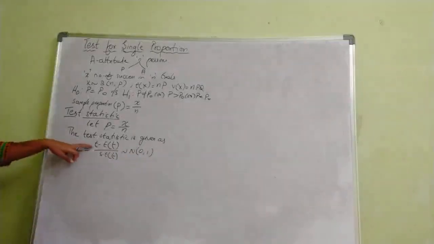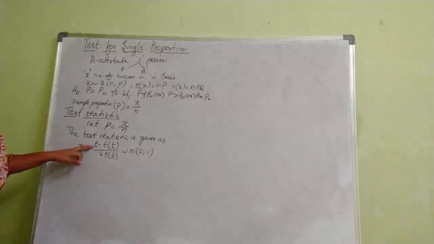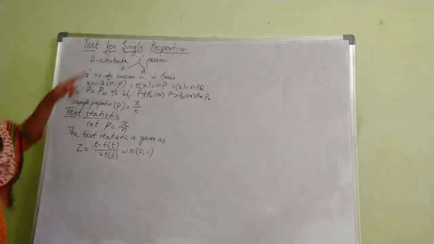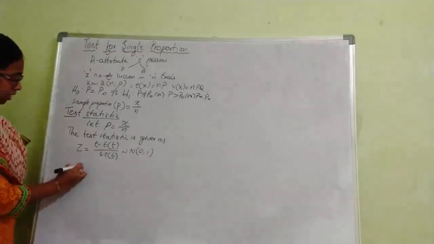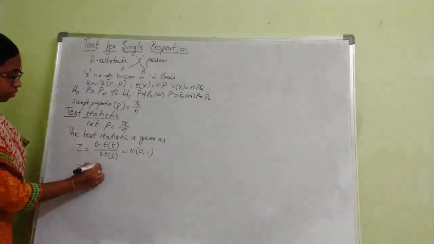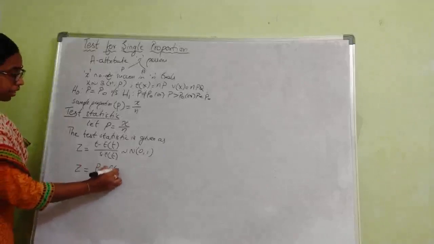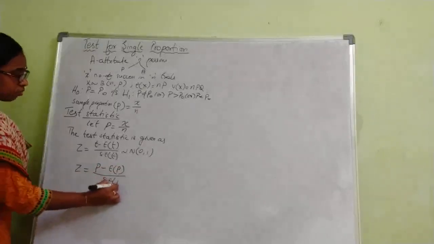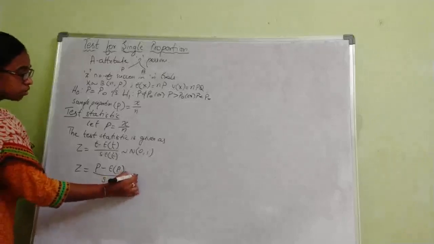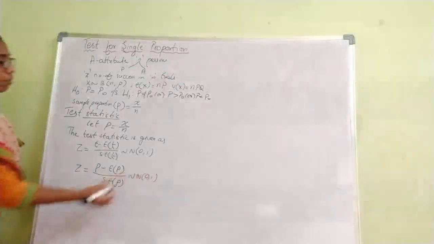So here what is t? What is the statistic we are going to test? The single proportion, which is denoted with p. So here Z equals p minus expectation of p divided by standard error of p, which follows normal with 0, 1.